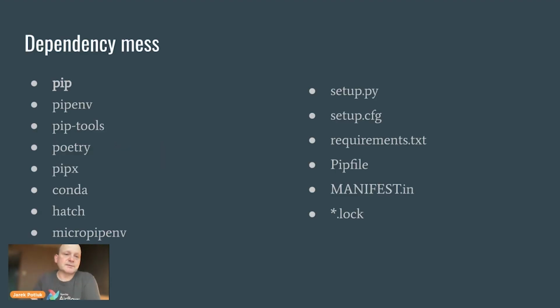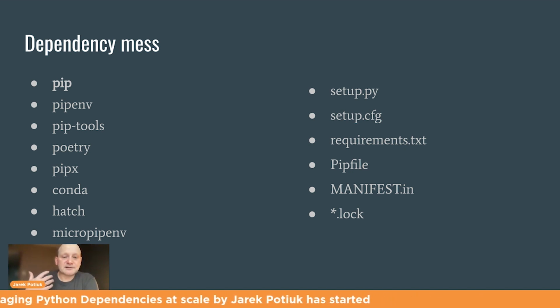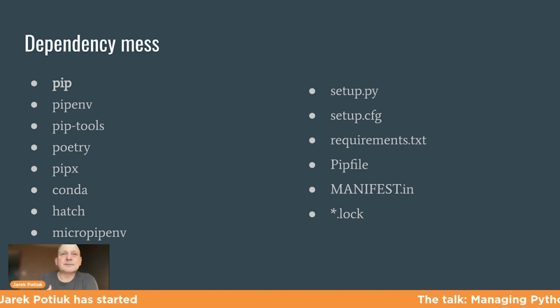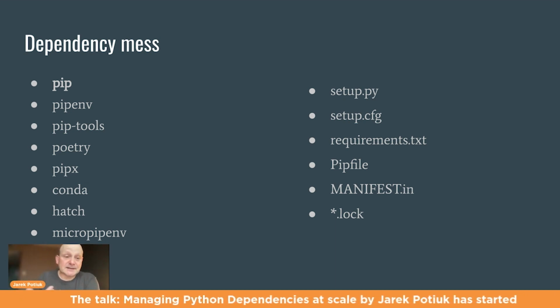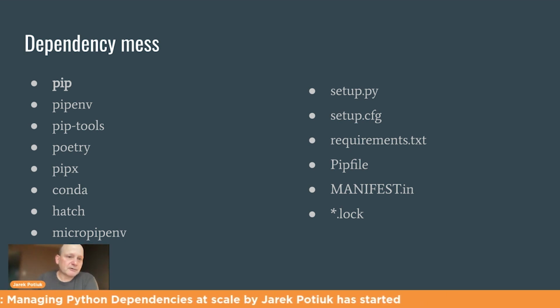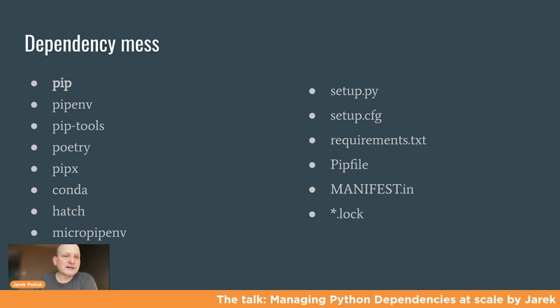But first, a few words about dependencies. When you are developing Python applications, you're probably familiar with having a lot of dependencies. The strength of Python is all about dependencies, about the thousands of libraries that you can use immediately. And that's why Python is so powerful. And to manage those different tools and libraries that you want to use, there are lots of different tools, lots of different ways how you can manage dependencies.